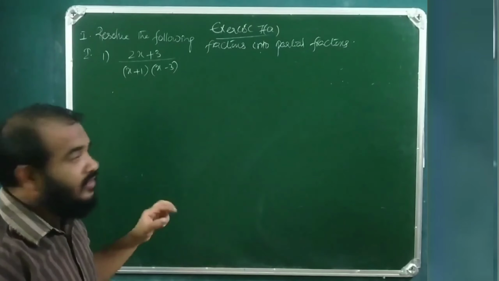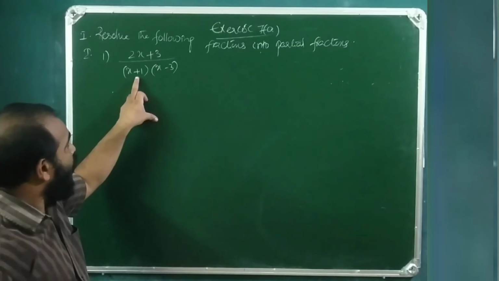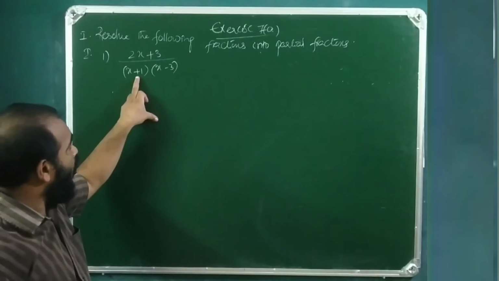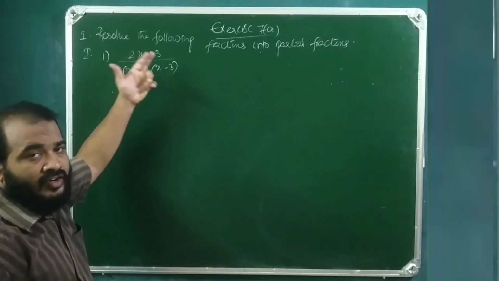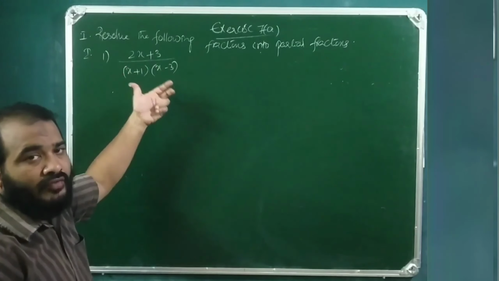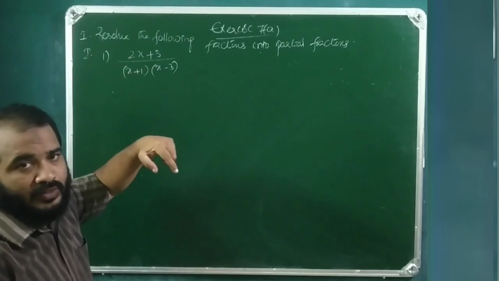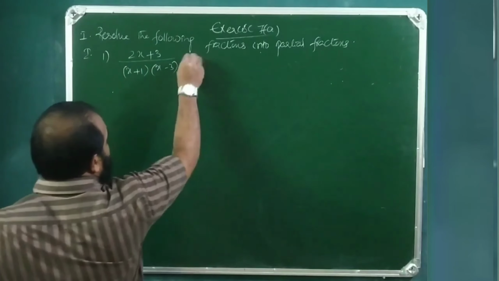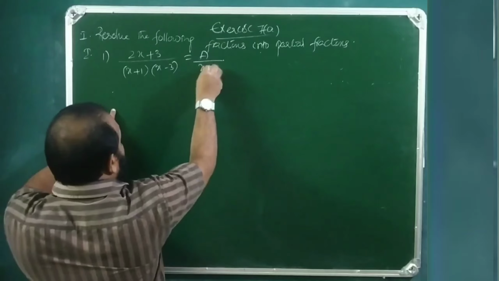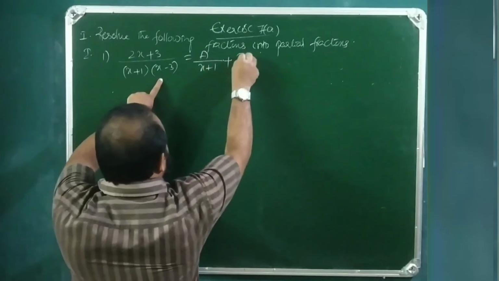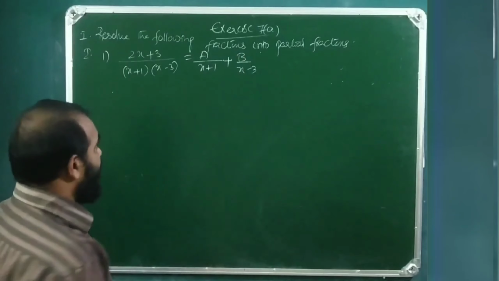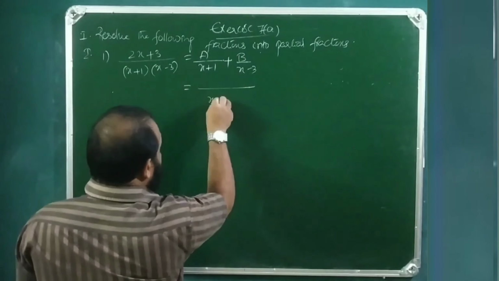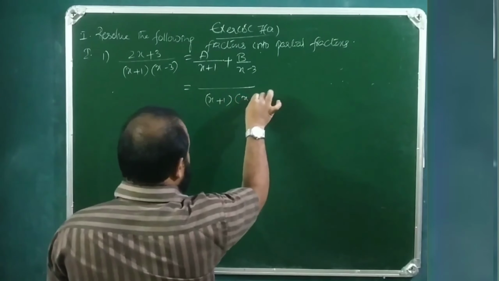So type 1. For every non-repeated linear factor of the denominator g of x, there corresponds a partial fraction of the form A by ax plus b. So this is A by x plus 1 plus B by x minus 3, where A and B are to be determined. The LCM is (x plus 1) into (x minus 3).